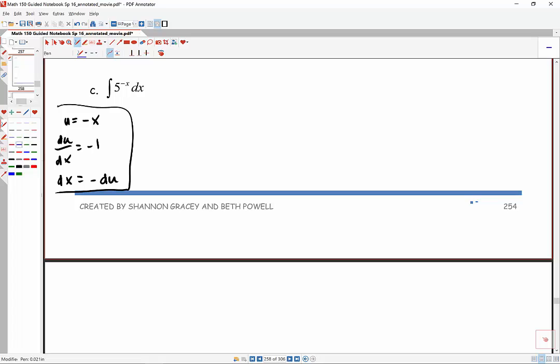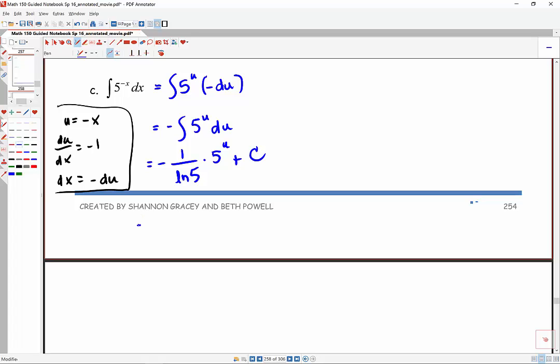So we will have the integral of 5 to the u times negative du, which is going to give us negative integral of 5 to the u du, which is negative 1 over natural log of 5 times 5 to the u plus c, which will give us negative 5 to the negative x over natural log of 5 plus c.